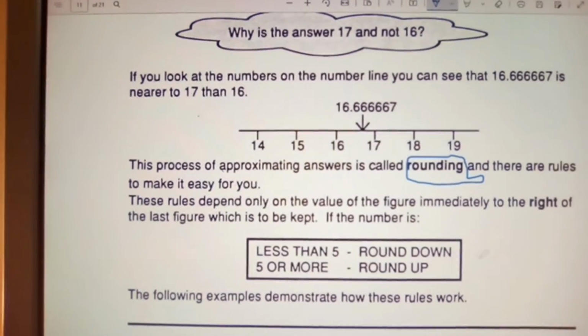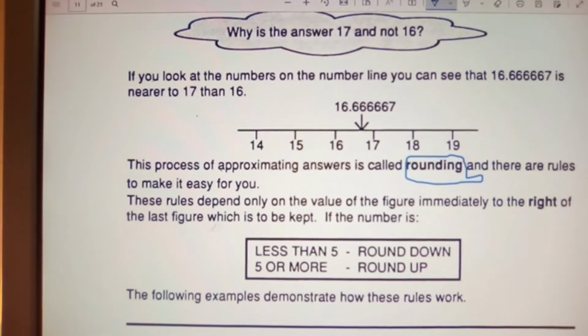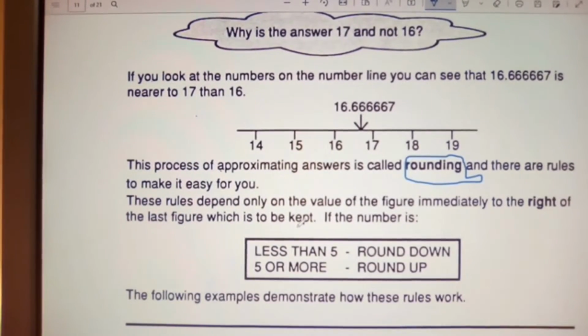And there are rules to make it easy for you. So let us look at these rules. These rules depend only on the value of the figure immediately to the right of the last figure which is to be kept, which is that number after your decimal point.